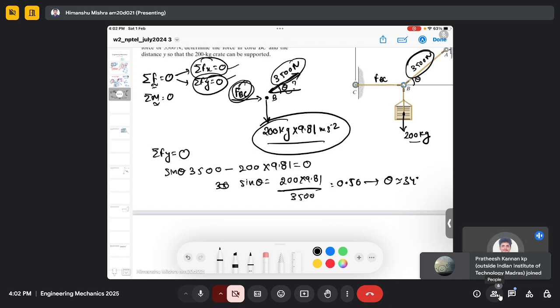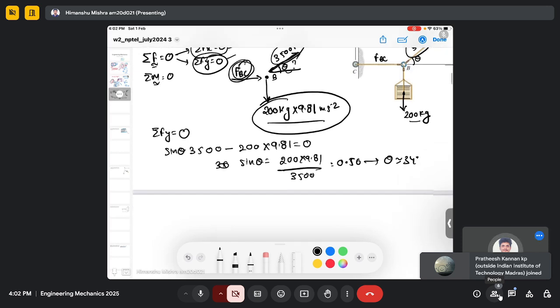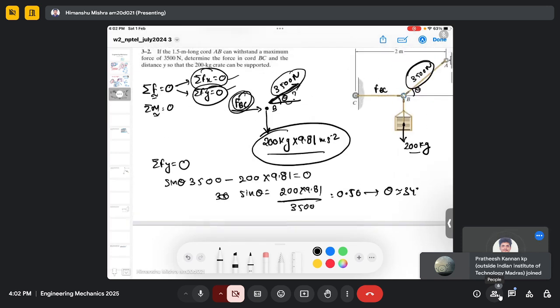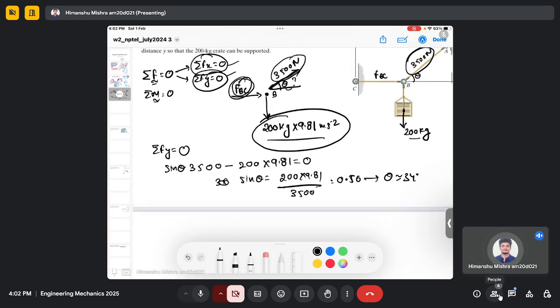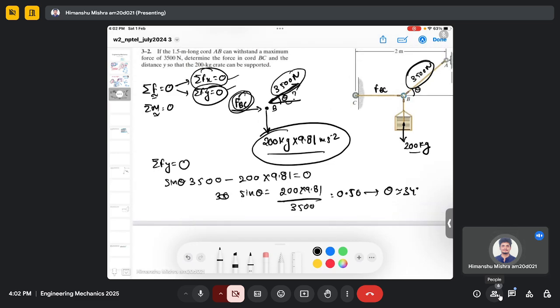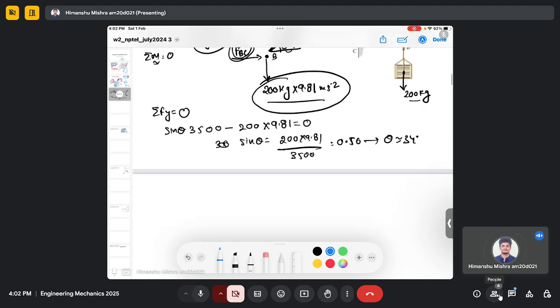Now if you follow the other equation, let's see if we get the force at BC. When we do the summation of force in the x direction, the horizontal direction, we need to consider the force in cord BC and the component of 3500. That's it. Which means we can get the force.